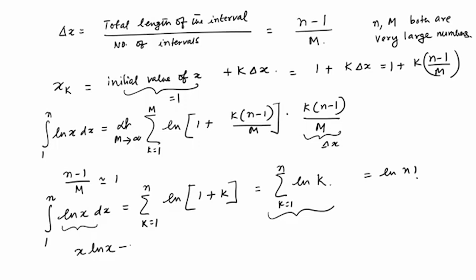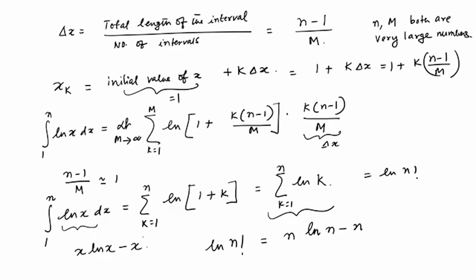If you do that, then this actually comes out as x log x minus x. So, that tells you that the formula we have is log of n factorial is equal to n log n minus n. Okay. Let me write it. So, this is log n.